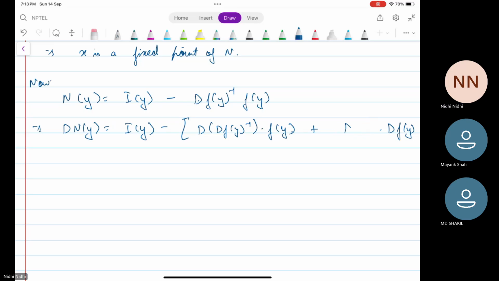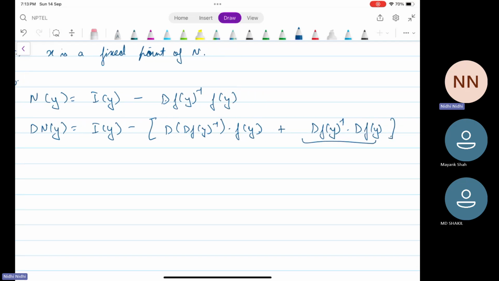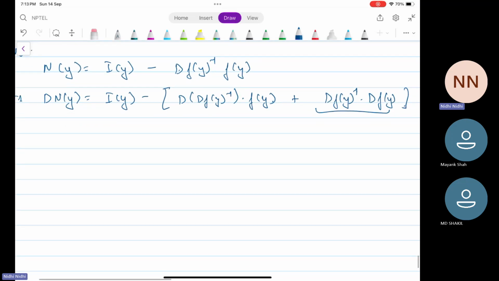Here Df(y) inverse times Df(y) is multiplying a matrix with its inverse, which gives identity, so those get cancelled out. What remains is minus the derivative of Df(y) inverse times f(y).